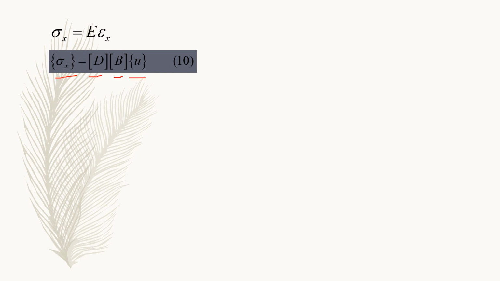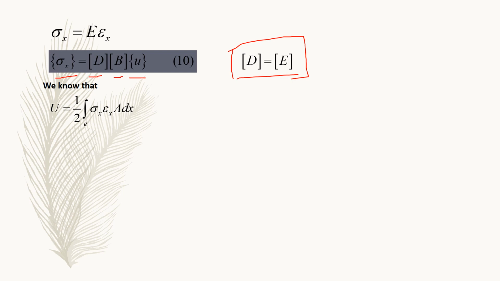These are the terms in equation 10. D is E here because it is a one-dimensional element, so simply it is Young's modulus. We know the strain energy is half the integral of stress into strain A dx. We need to substitute this in terms of its vector representation.